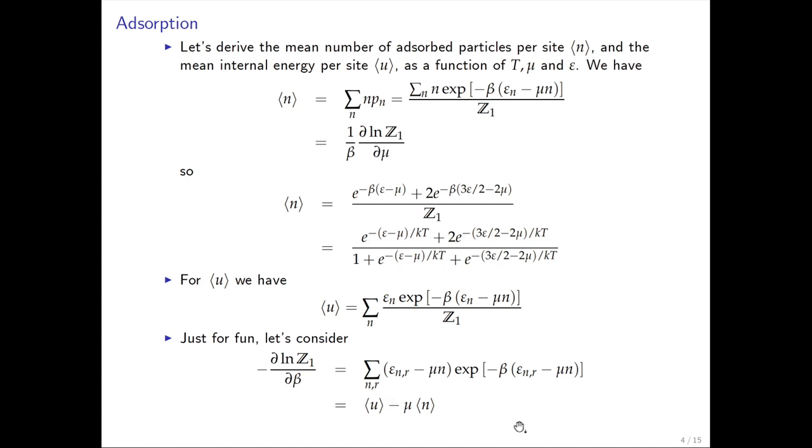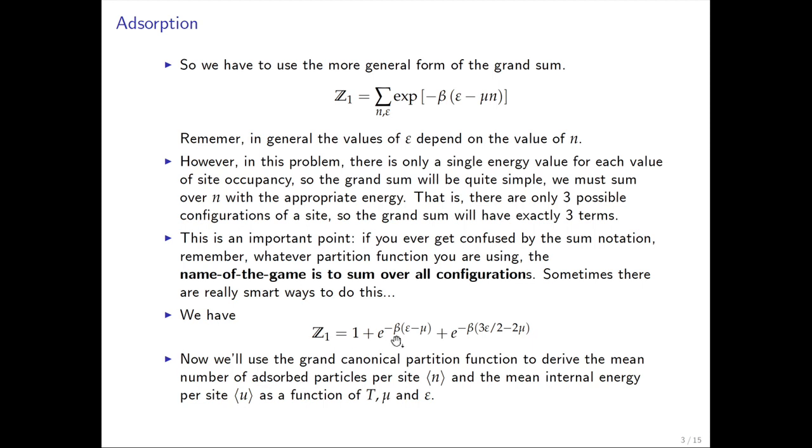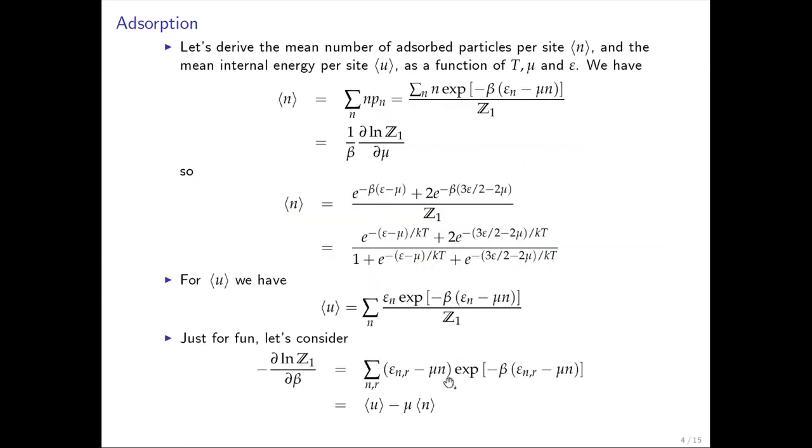If we take the derivative of Z1, you see what we get is this sum, and we bring down these terms in front of the exponential, right? And we'll recognize that, of course, as the average internal energy minus mu times the mean N. So we have this relation here.